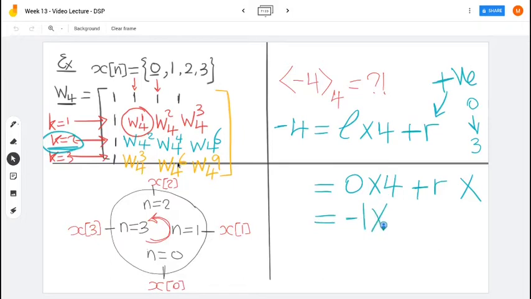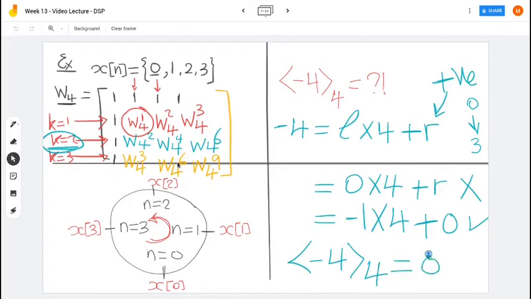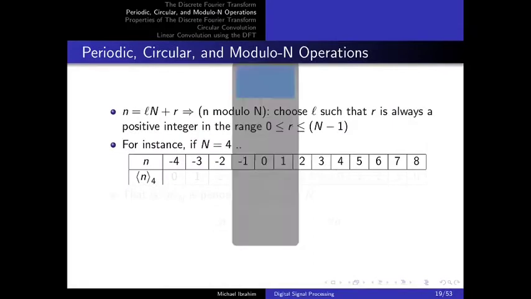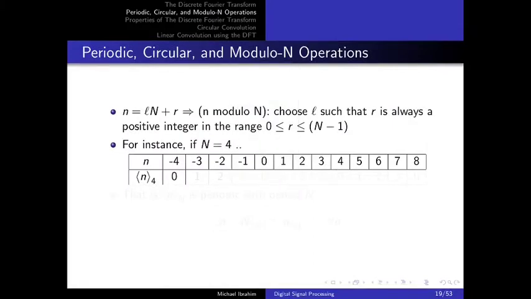Minus 1 times 4 plus r, r will be 0. Now this value of r is acceptable because it's between 0 and 3. So, as we can see right now, minus 4 modulo 4 is basically 0. So if you go back over here, minus 4 modulo 4 is 0.